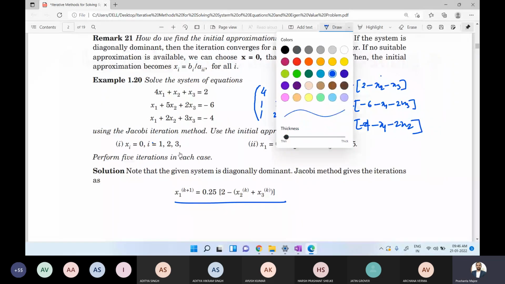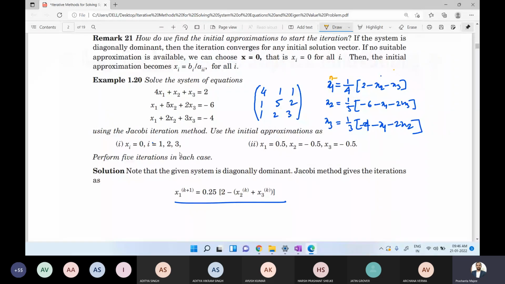The left hand side superscript will be n plus 1, the values of x1, x2, x3 at the n plus 1th iteration, and on the right hand side it is n. Now you start with any initial guess, because the coefficient matrix is diagonally dominant, whatever initial guess you take, it will converge to the solution of the system. So what is the exact solution of this system? Can you tell me?